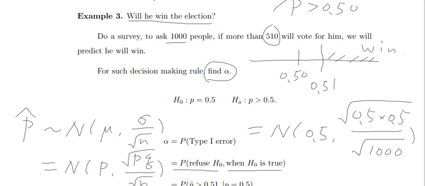Here 51 is a little bit higher than 50. So you claim, oh, I will win, you're so excited. But some people will say, wait, you should not claim so quickly, because you are only 1% higher. This is not enough.